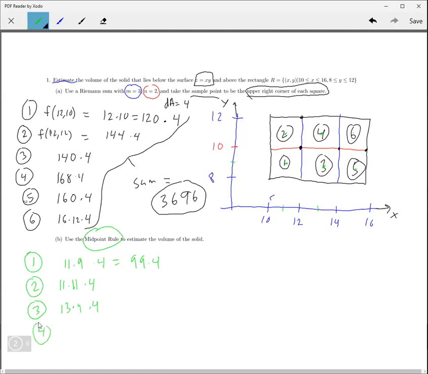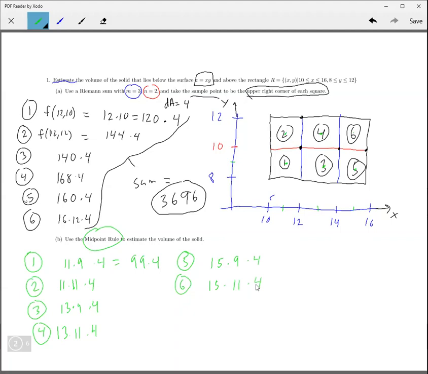Number 4 is 13 times 11. Number 5 is 15 times 9. And this is 15 times 11. Okay, so then, let's see, we add all those up.